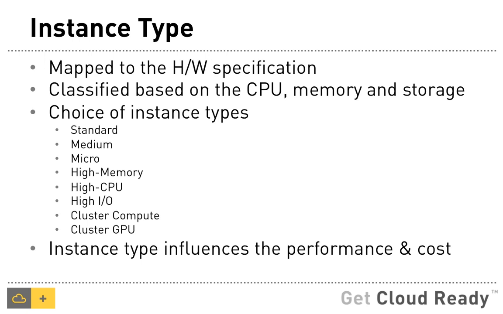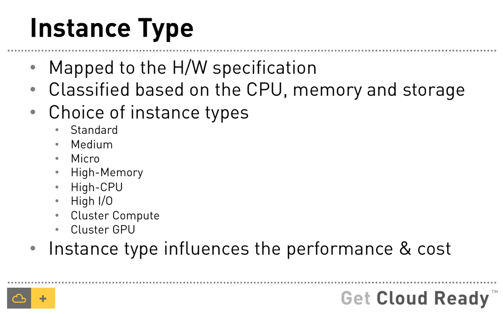Amazon does offer a variety of instance types. For example, there is standard, medium, high memory, high CPU, high I/O, and so on. Based on your workload and the demand of your application, you could choose one of the instance types to launch your application. The instance type that you choose definitely influences the performance and also cost.